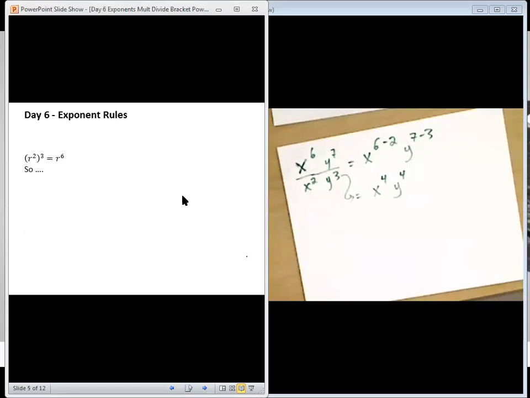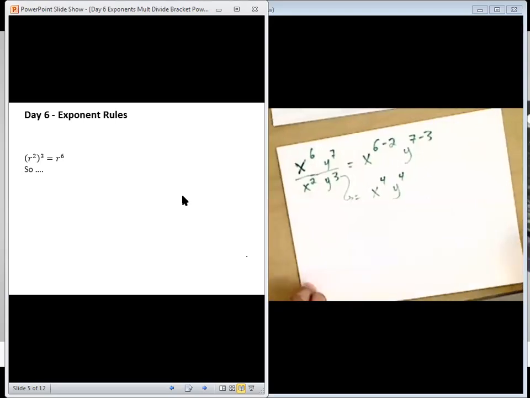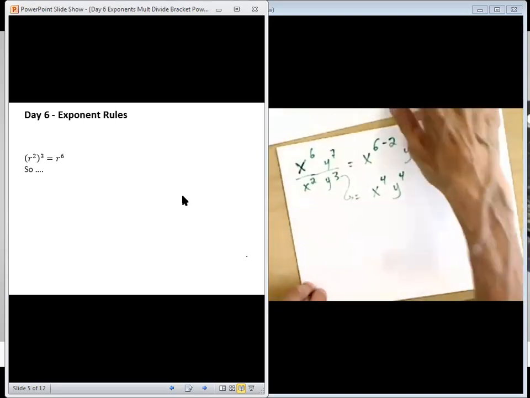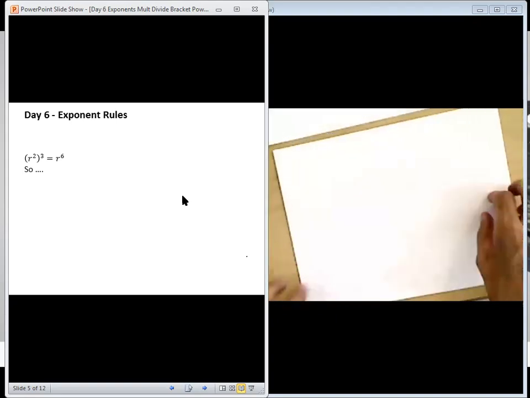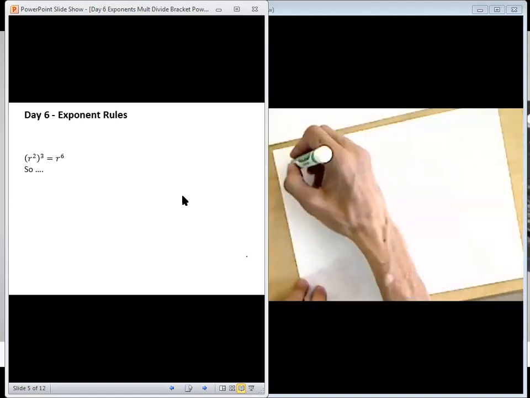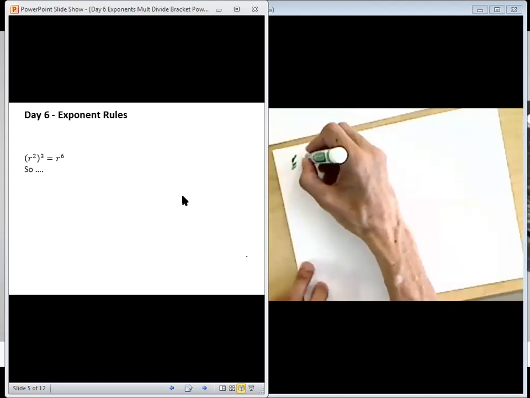This is the third and last situation we have to look at today. We have multiplying, dividing, and then we have this. How does this work? We'll say an exponent outside there.